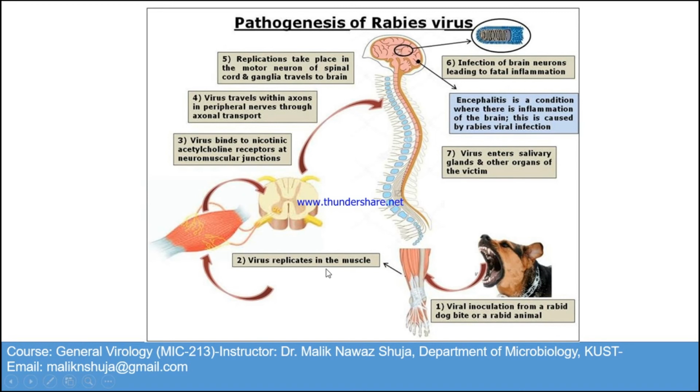In the early stage is the viral bite, because in third world countries most cases have been reported due to the bite of street dogs. So many reports are available that the virus has been reported because of stray dogs, free dogs in the streets.